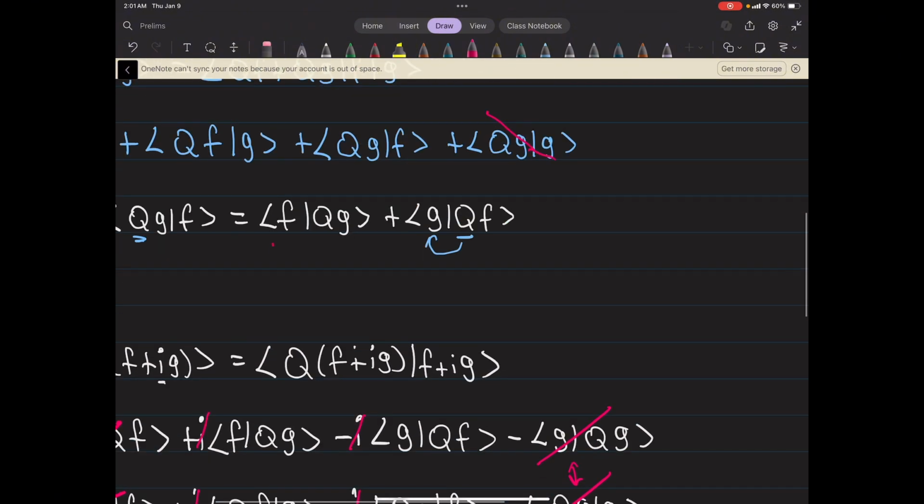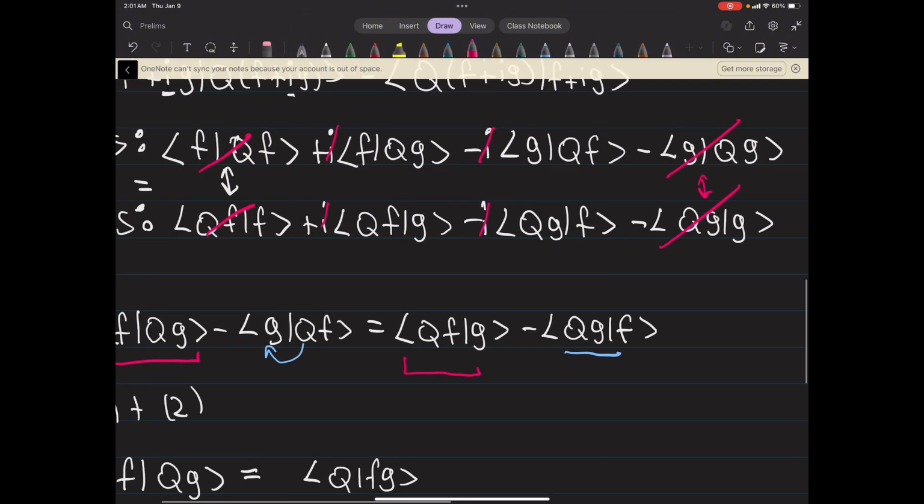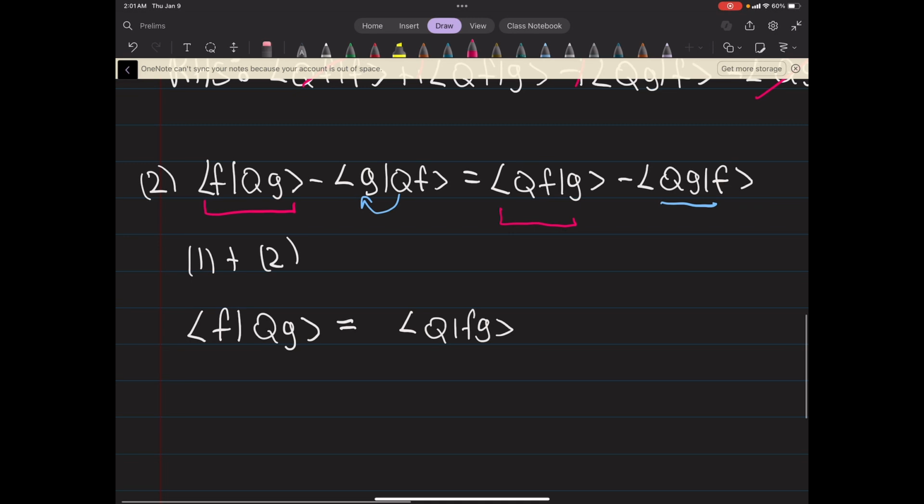And again, we can move those Q's around if we want. But the important thing is those 2's end up dividing out, and you get this relationship, which is exactly the relationship that we wanted to prove.